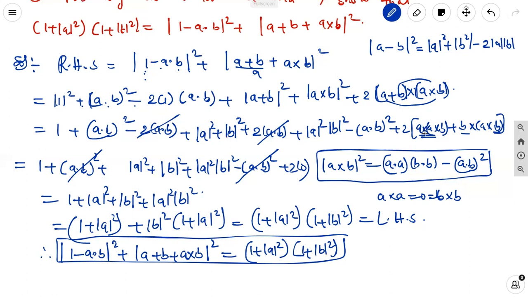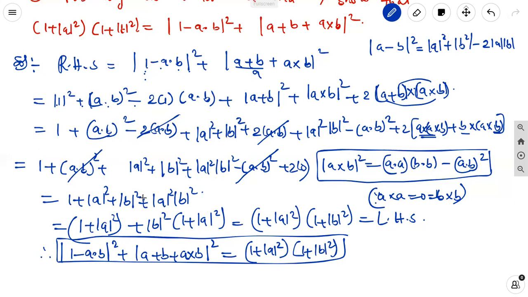So a cross b and a cross a and b cross b are repeated vectors in the triple product. So it will be 0. So the last term will be 0. Here minus (a dot b) square plus (a dot b) square, minus 2 into a dot b plus 2 into a dot b get cancelled.